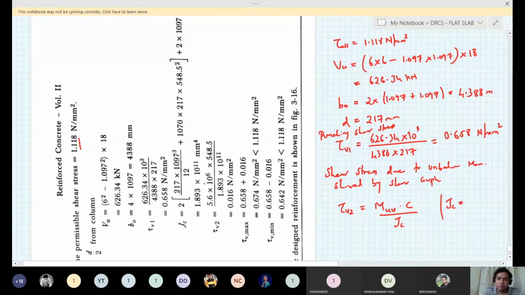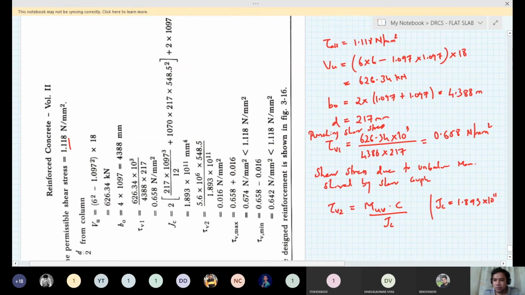The same formula will be used as for the interior panels. So you will get the value of Jc as 1.893 into 10 to the power 11 mm raised to 4.